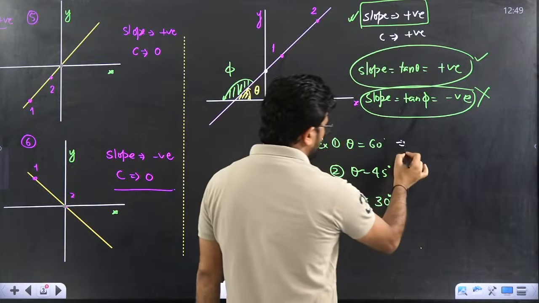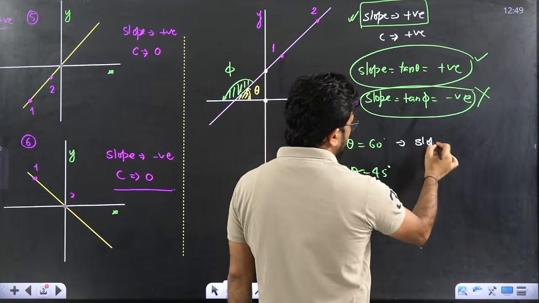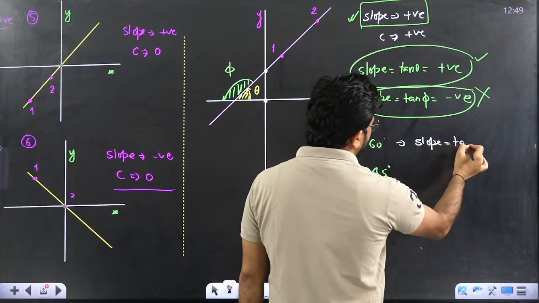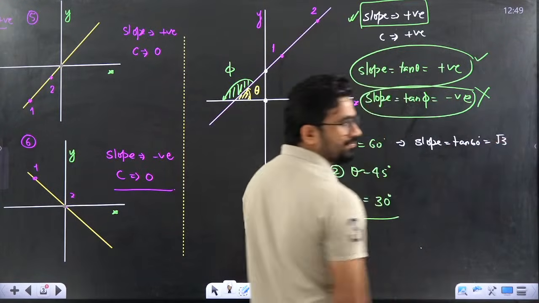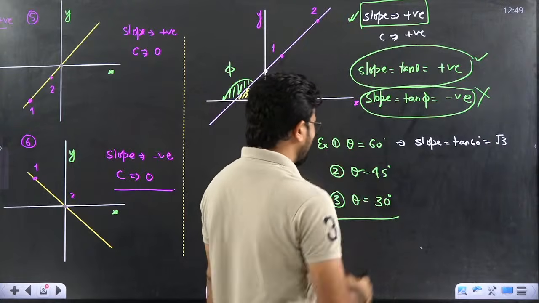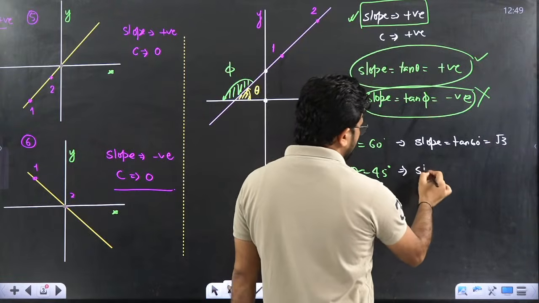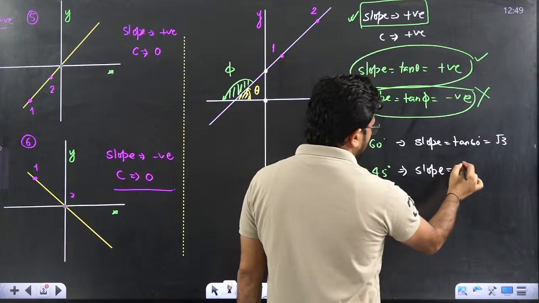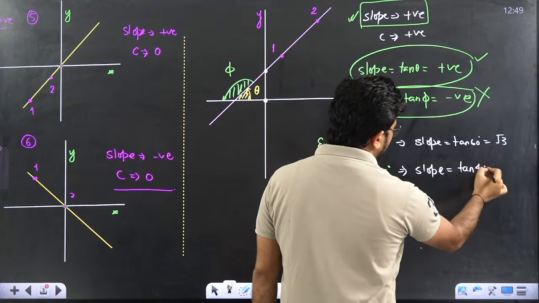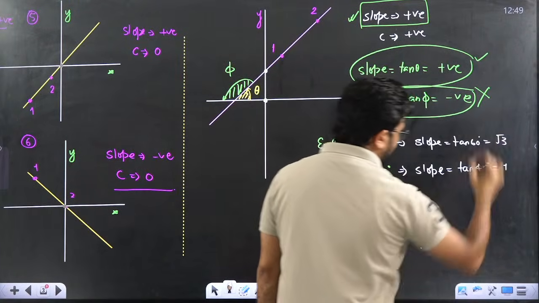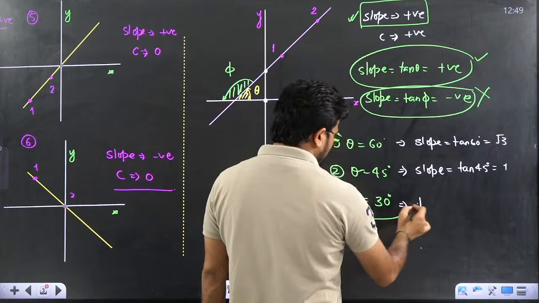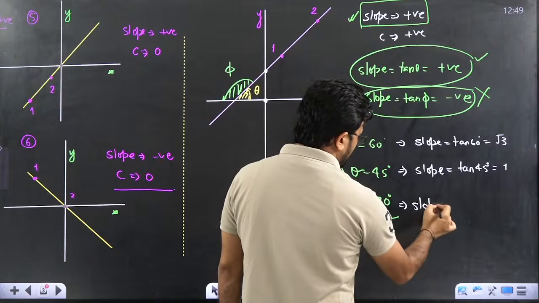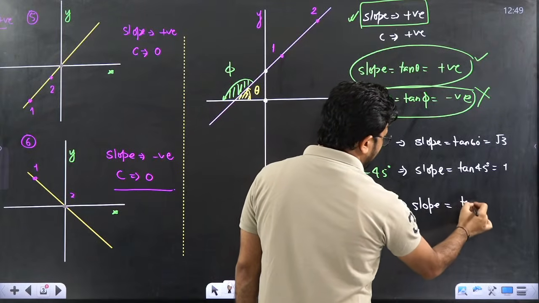In the first case, what is the slope? Slope is equal to tan 60 degrees, and tan 60 is root 3. I told you in the previous class. If you have not watched, please watch it. Second, what is the slope? Here you will put tan 45 degrees. Tan 45 is nothing else, 1. Next, if you are checking it for 30 degrees, that is tan 30 degrees.